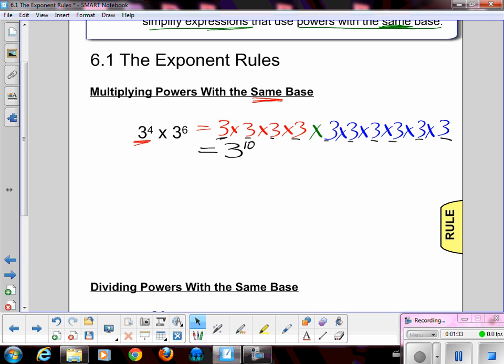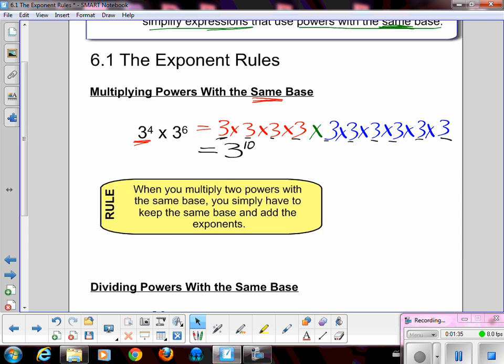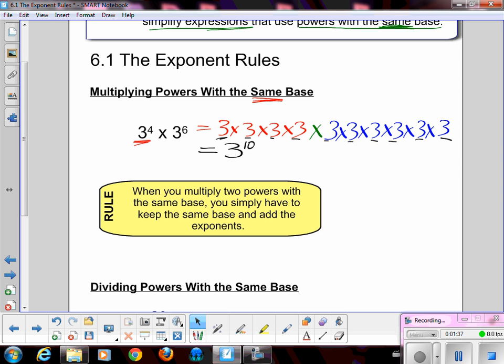So the rule when the bases are the same and I'm multiplying is, when you multiply two powers with the same base, you simply keep the base and add the exponents. So 3 to the 4th times 3 to the 6th is 3 to the power of 4 plus 6, which is 3 to the 10th, which is much, much easier than writing out all those 3's.